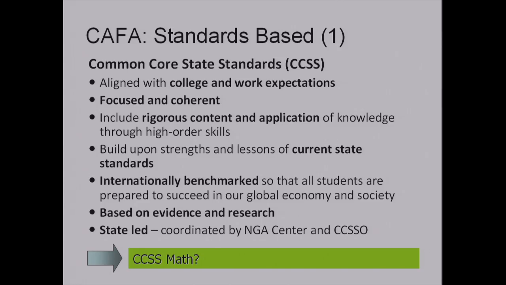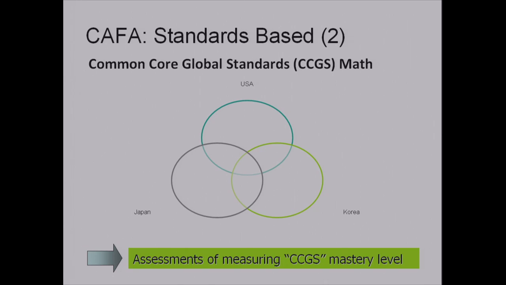Still, this is a prototype beta version, but in short, in the Common Core State Standard for mathematics, they break down the entire K-12 mathematics content into approximately 600 skills. So we take these 600 skills, and we also benchmark Korea and Japan, and we extend those.